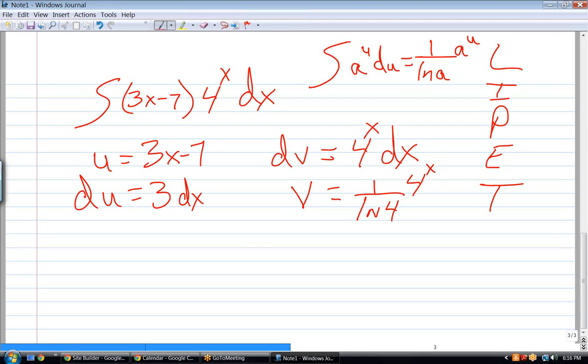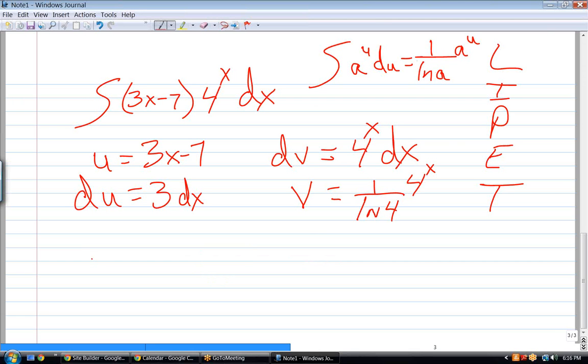You still get 4 to the x, but now you have to divide by the natural log of whatever this number is. Notice that if it was e to the x, what's the natural log of e equal to? 1? Yes. We could apply this to everything including e to the x. It's just that the natural log of e turns out to be 1, so it's just e to the x. But if there's a number there, then you got to use this.